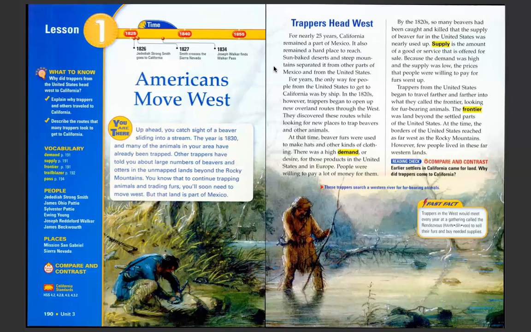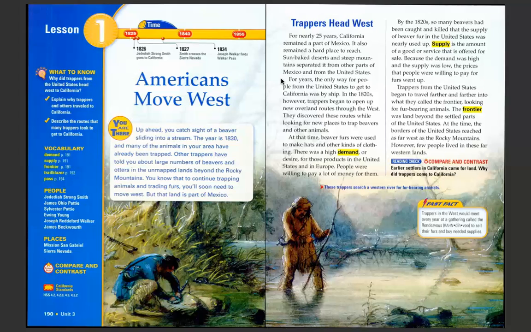This is page 191. For nearly 25 years, California remained a part of Mexico. It also remained a hard place to reach. Sun-baked deserts and steep mountains separated it from other parts of Mexico and from the United States. For years, the only way for people from the United States to get to California was by ship.